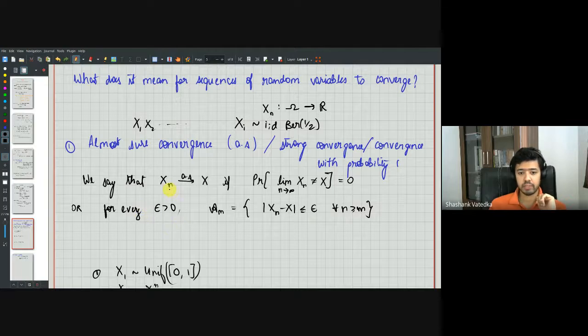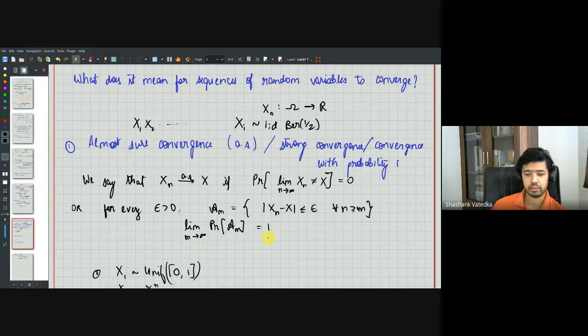And we say that Xn converges to X almost surely if the probability of Am, as m tends to infinity, is equal to 1. Again, this is a technical definition, so it's best if we see some examples.